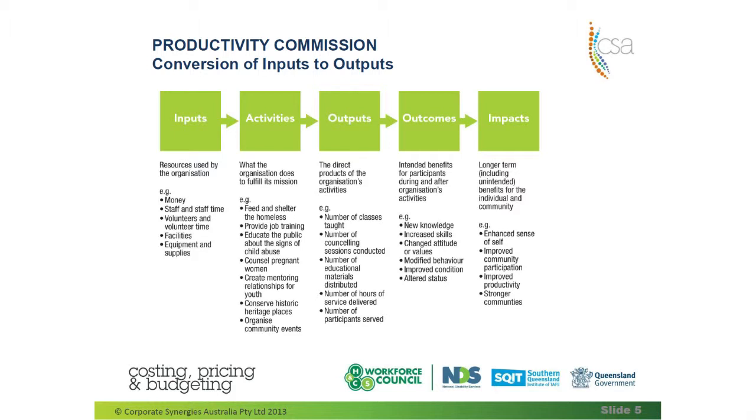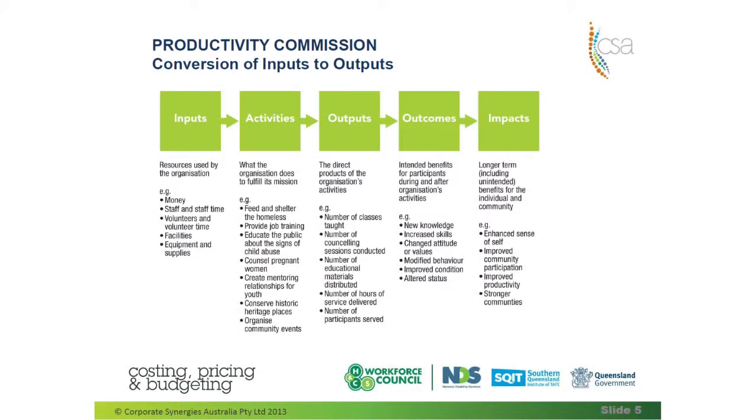If we look at the activities that are included within the Productivity Commission report, it is things such as feed and shelter homeless, provide job training, education, counselling and a range of different activities around that, creating mentorship and relationships within community sectors, conserving historical heritage and places and also organising community events.